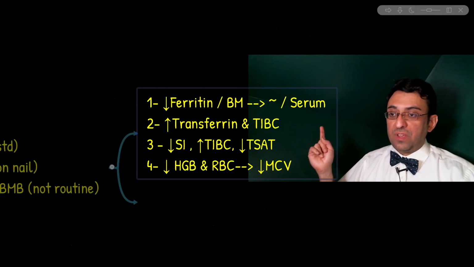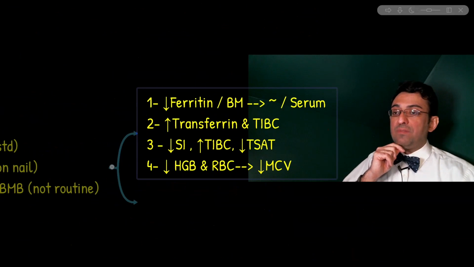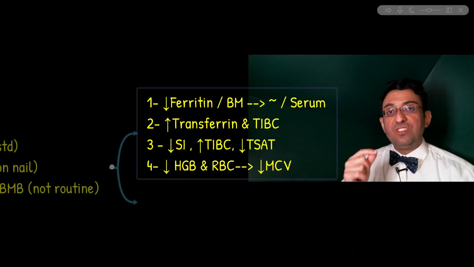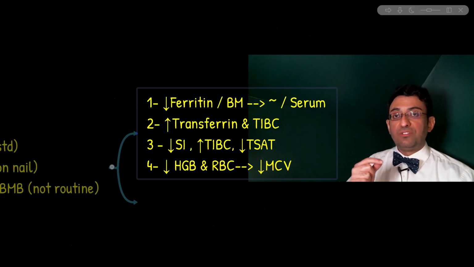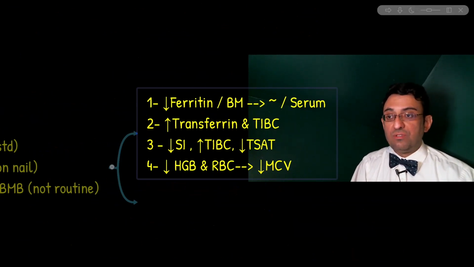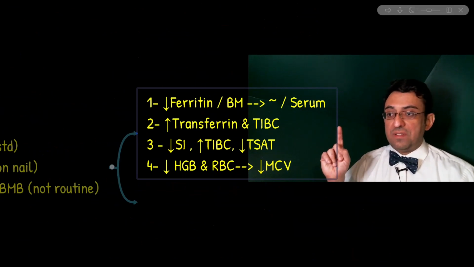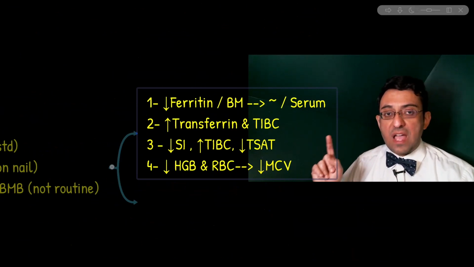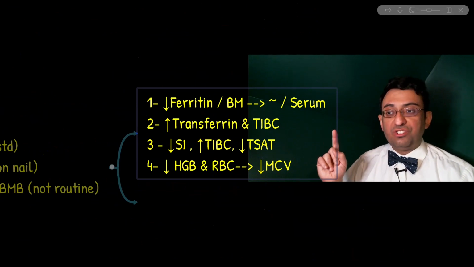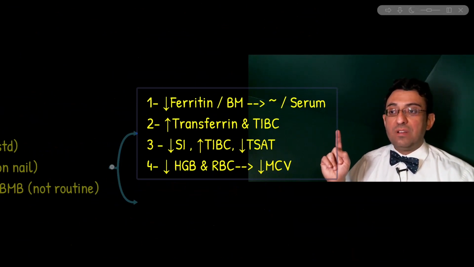Ferritin in bone marrow is the first change, and then we have reduced ferritin in the serum. Next, we have increased liver synthesis of transferrin as a compensatory response. This also translates into increased TIBC levels. After these changes of ferritin, transferrin, and TIBC, we finally have our iron studies showing serum iron reduced.